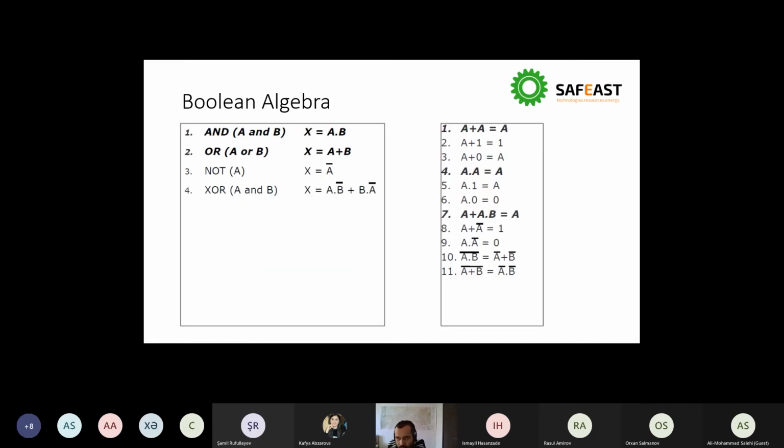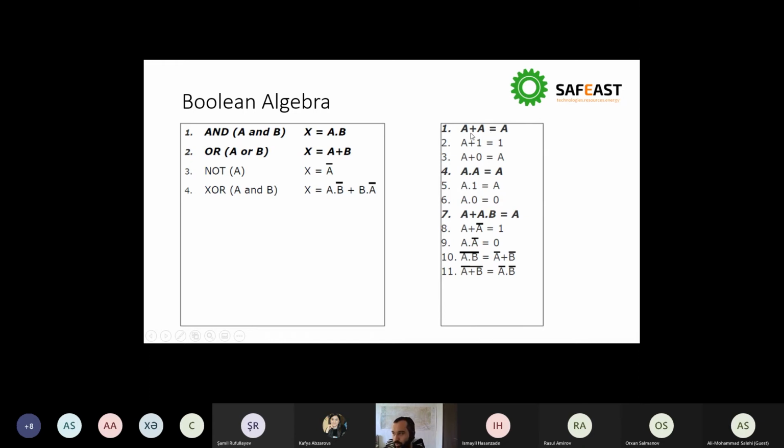And in terms of Boolean algebra, as I said, we are using AND and OR gates. In Boolean algebra, the maths are not actually the same as the maths we normally use. Let's say you have got two events, A and B, and AND or OR gates.